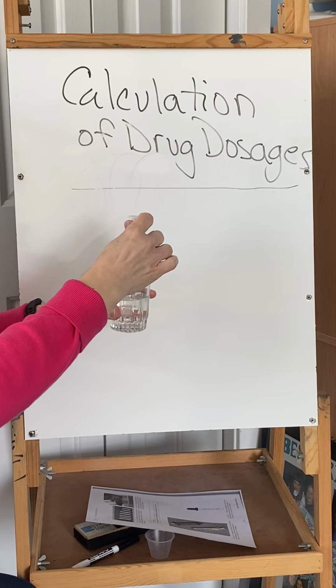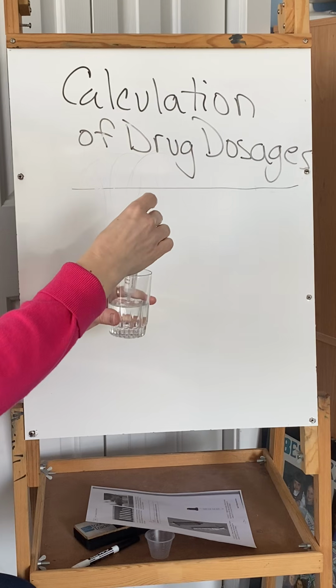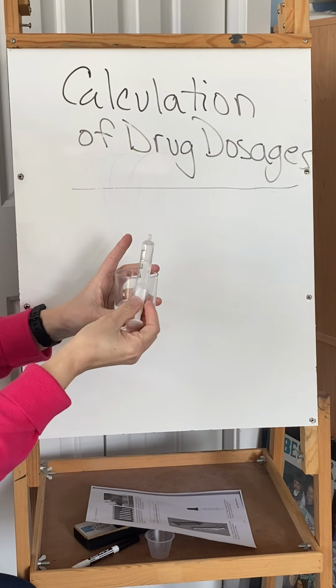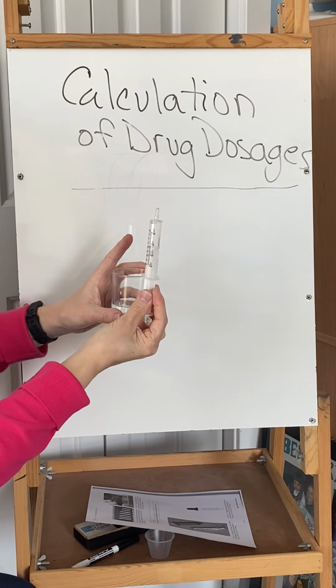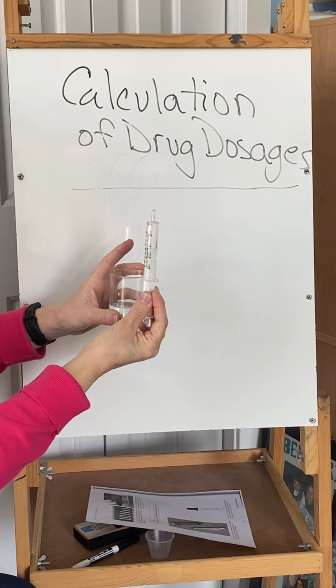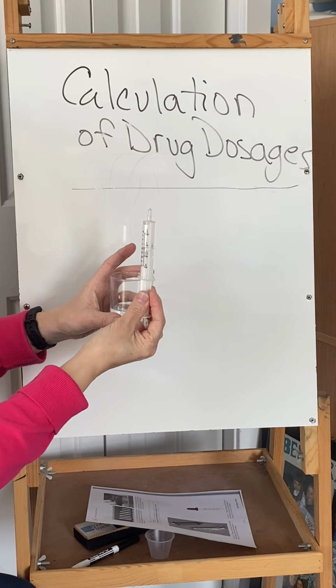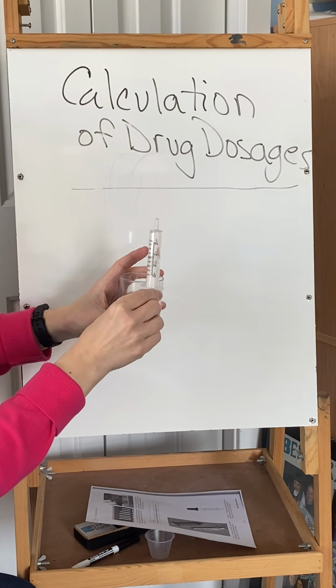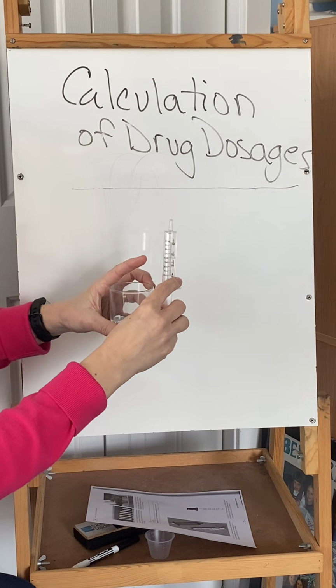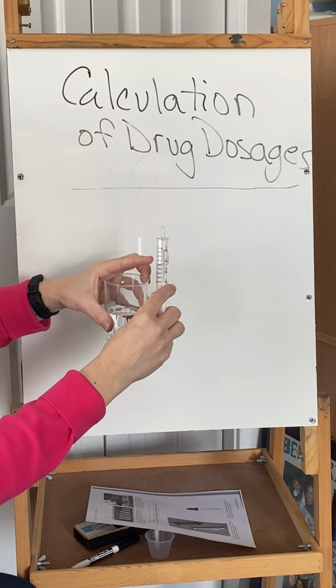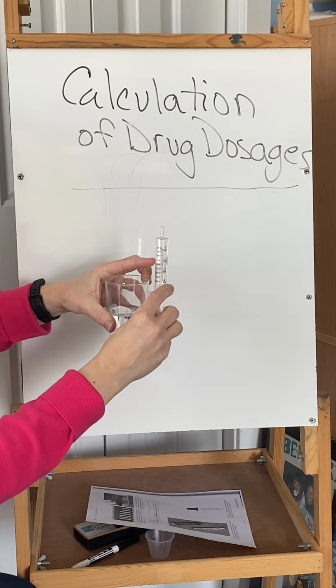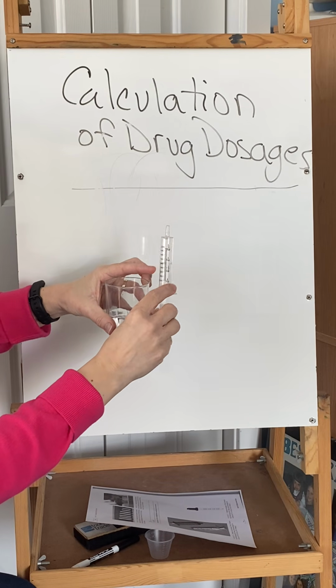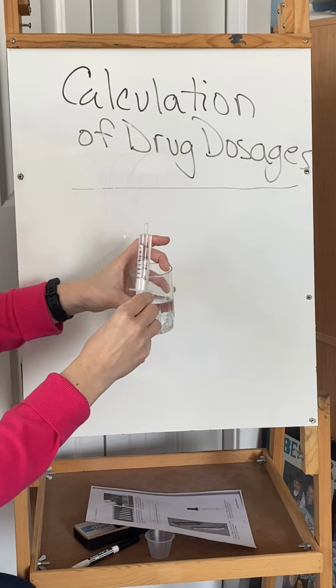And typically I go a little bit past it. And then what happens, when you hold it upright, it's a little bit past the 1 teaspoon level. What I would do, and I have no idea where this is going to go, is I would push the stopper and make sure that I get right to my 5 ml. If that's what I wanted to give, I'm actually sitting at 6 ml right now.